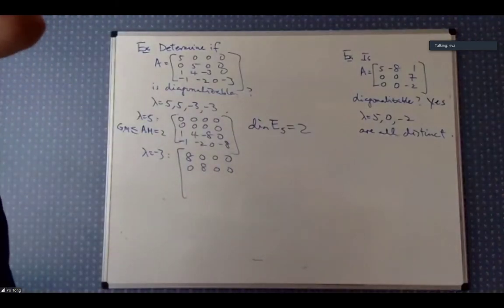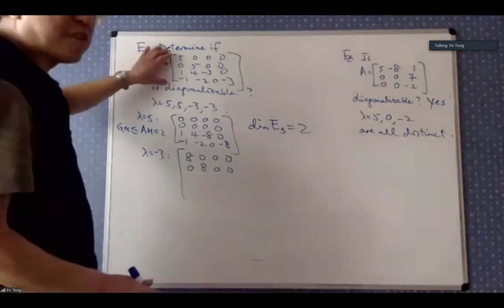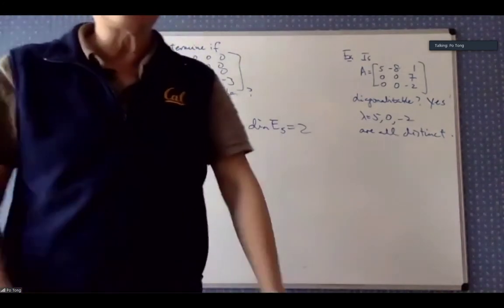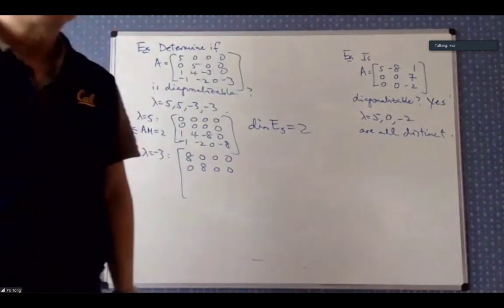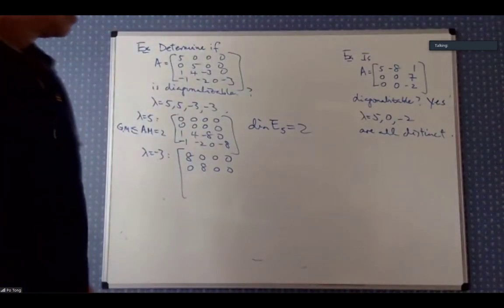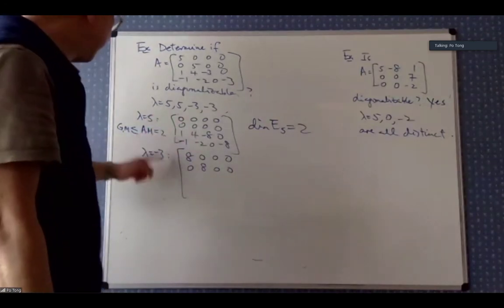Is that because you want 4 linearly independent eigenvectors so that you have the right dimensions? Yeah, because this is 4 by 4, I want 4 linearly independent eigenvectors at the end of the day. So each of these has to attain its maximum possible.